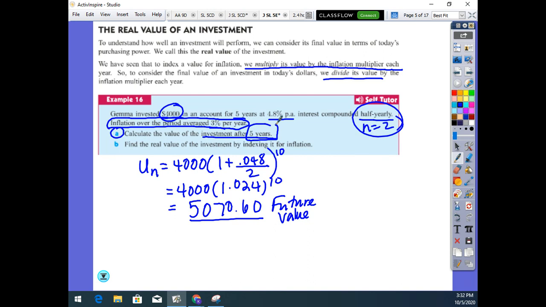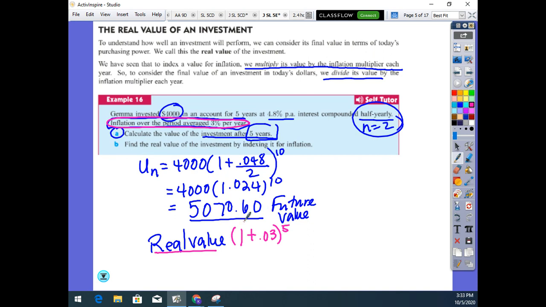So if we want to calculate the real value, I take my real value, whatever that might be, that's what we're going to look for. And that's where this part comes into play. My inflation over the period was 3% per year. So I'm going to take whatever my real value is, that's what we're going to find, 1 plus 0.03 to the 5 years, to the 5th.